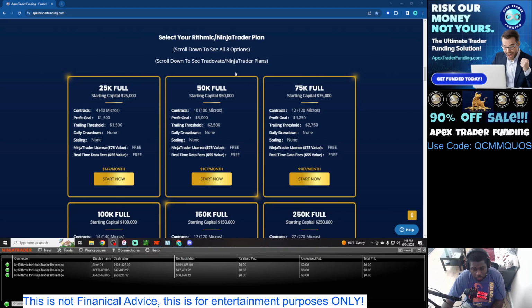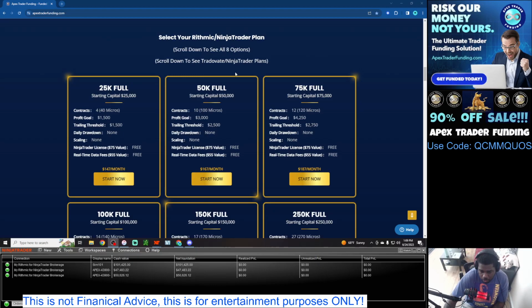If you're able to trade from home and you have a PC, you can choose this plan to trade from your PC. You can also use it on your Mac, but you have to download a parallel platform that allows you to use Windows on your MacBook.